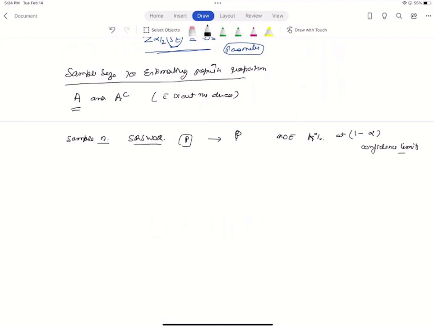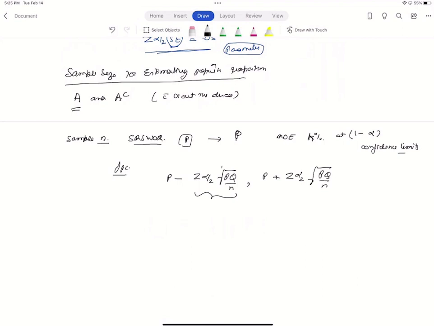So if the population size is large and we ignore the finite population correction, the FPC, then the 95% confidence interval for a proportion is going to be p minus Z half times root of pq by n, and p plus Z half times root of pq by n.